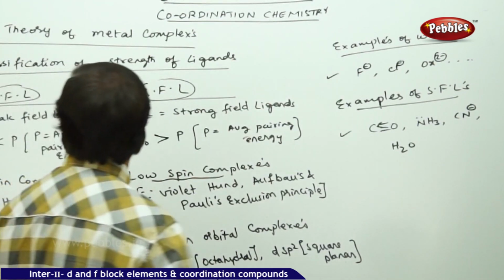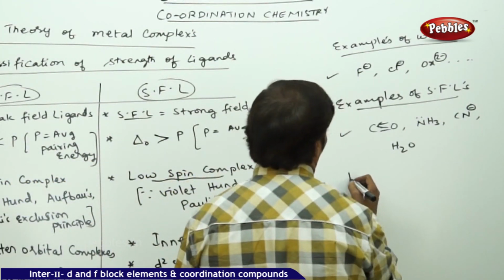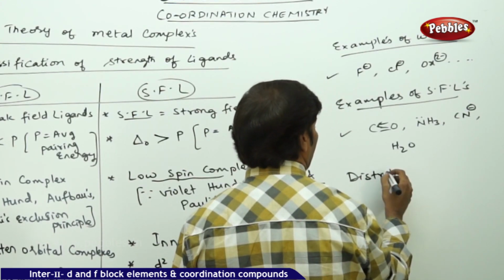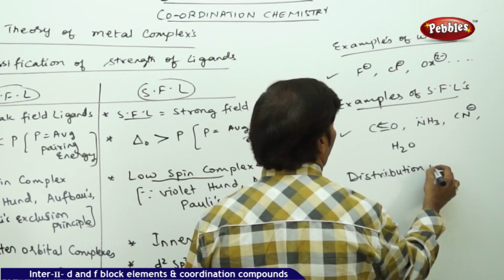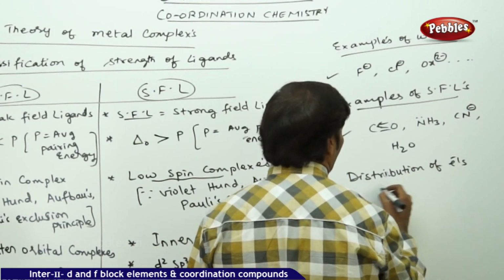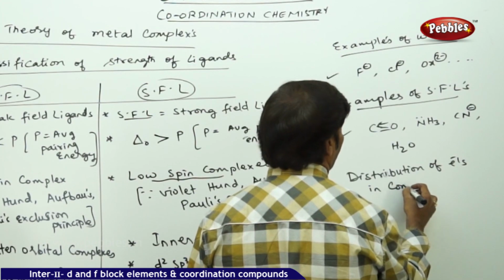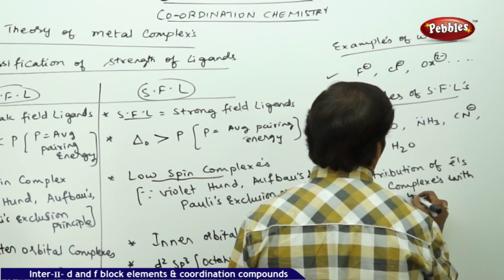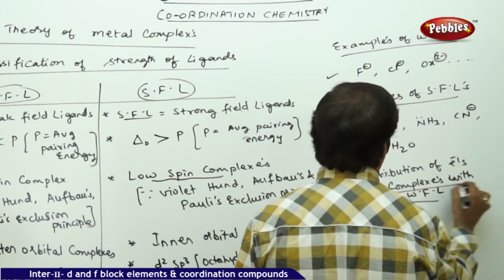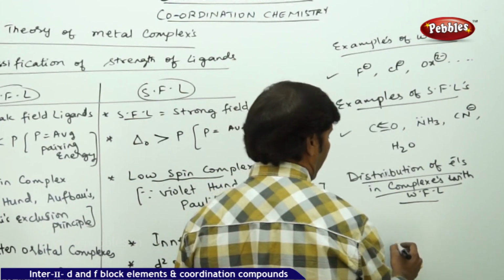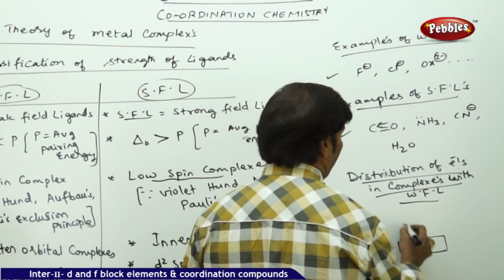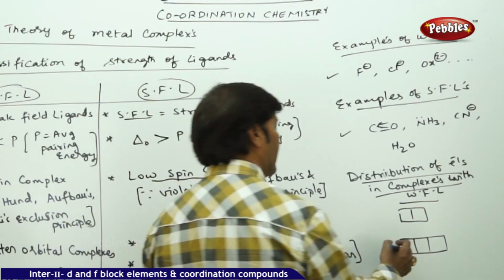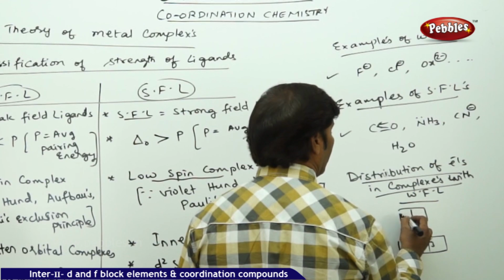In the case of weak field ligands, the distribution of electrons in complexes with weak field ligands is like this. Suppose I am taking 3 set of orbitals and 2 set of orbitals, with a total of 10 electrons to fill: 1, 2, 3, 4 and 5.